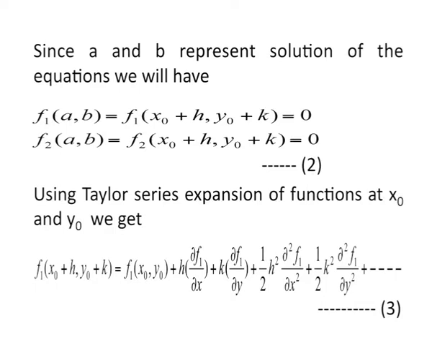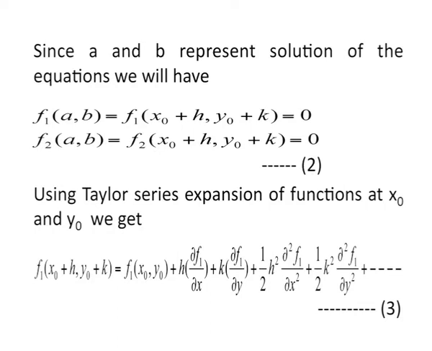You can see in equation 2, this is what we are doing. We are substituting a by x0 plus h and b by y0 plus k in the function equations. So, we are getting these two simultaneous equations in two variables, and as an approximation, for h and k to be small, we can expand equation 2 using Taylor series expansion around x0 and y0.